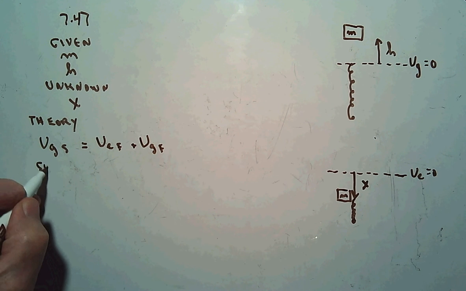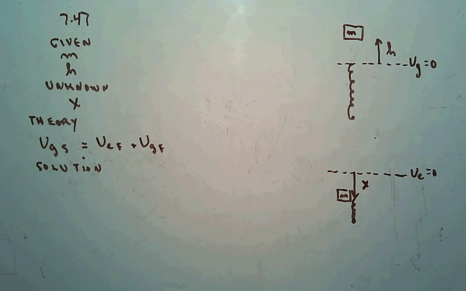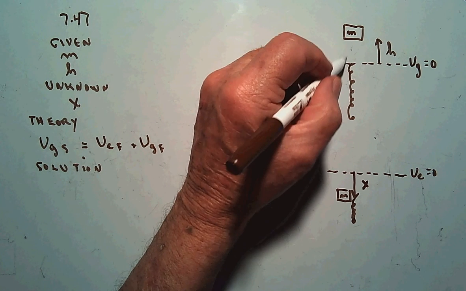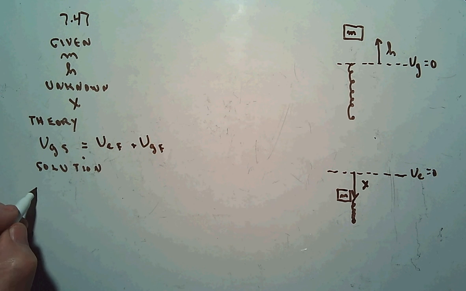So I'm going to go to the solution. And the initial gravitational potential energy is just mgh.